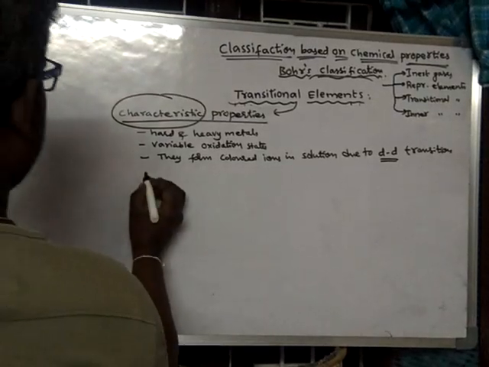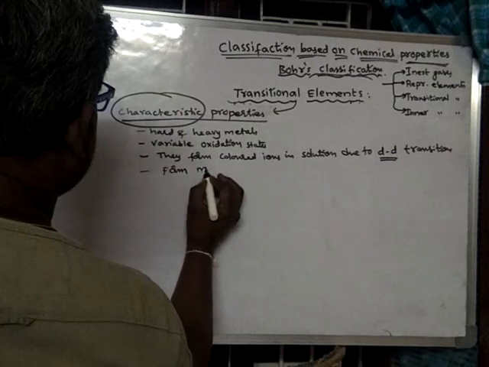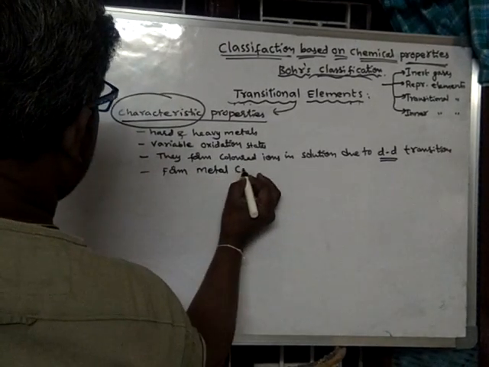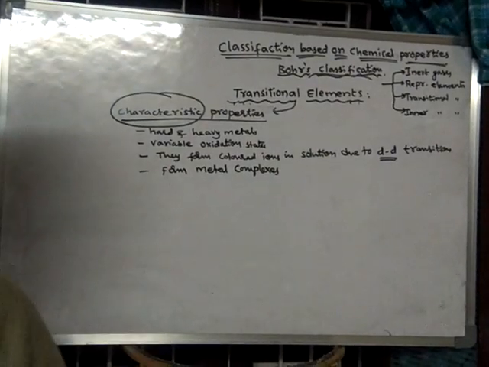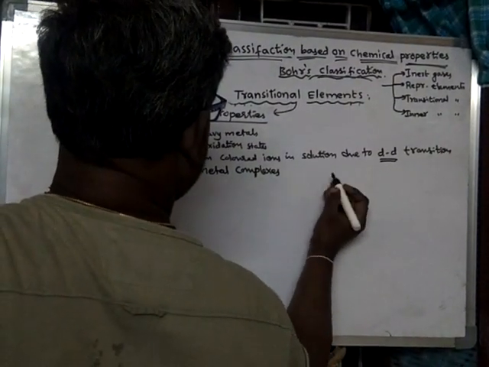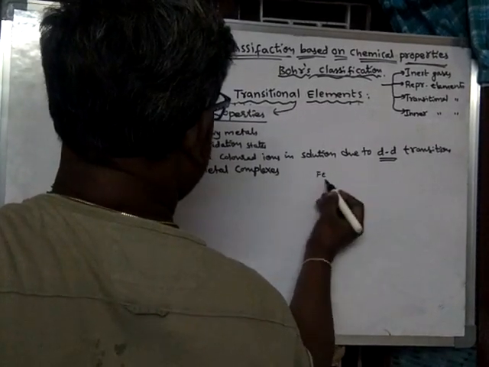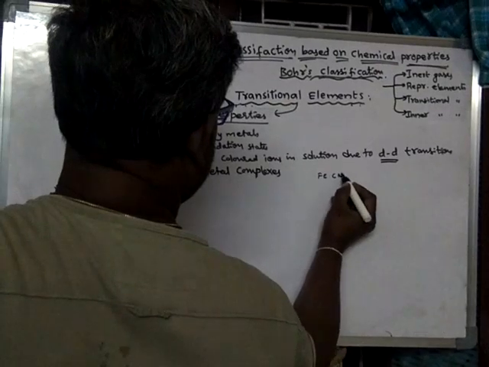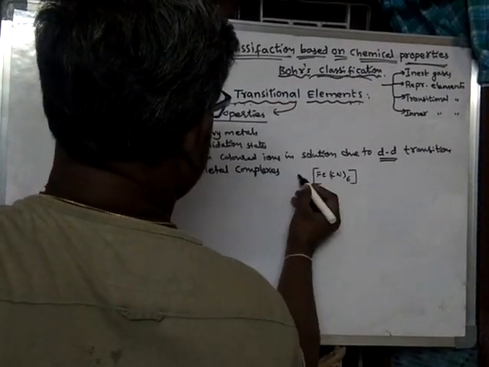They form metal complexes. For example, suppose we take a compound with CN taken 6 times.